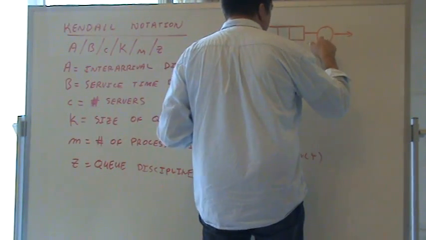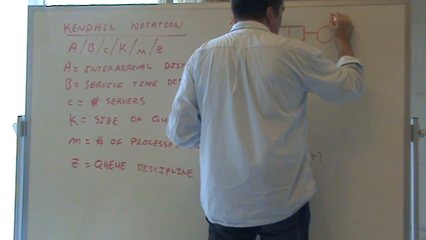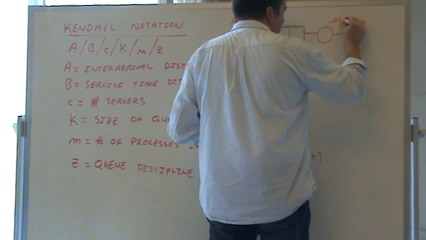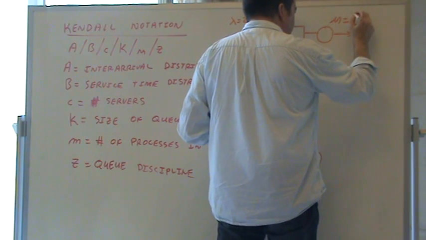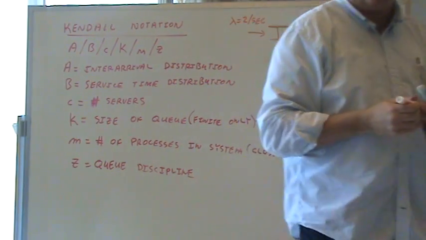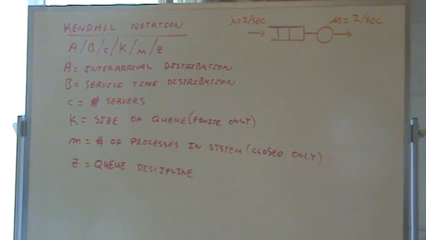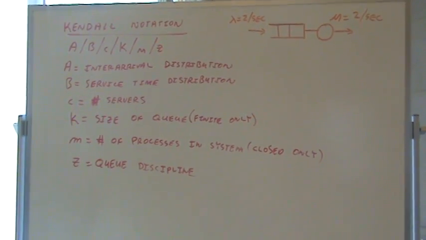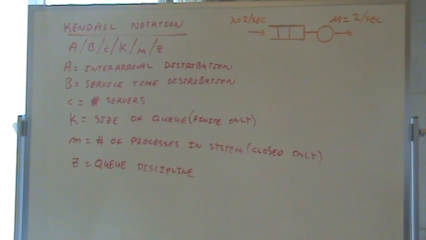And the servicing node can operate at a speed of 2 per second. So things can be serviced at a rate of 2 per second, and work is coming in at 2 per second. If I ask you the question, at a random point in time, how many items are in the queue? Could you answer that question, or would you need more information?